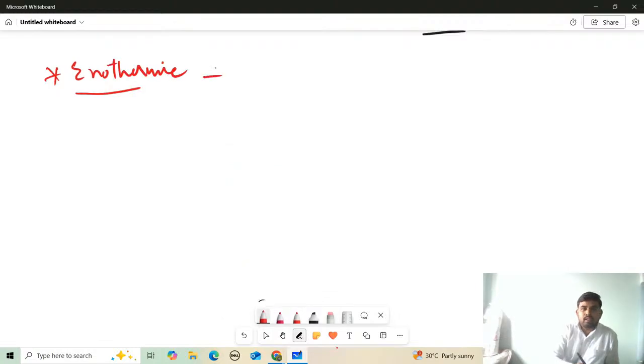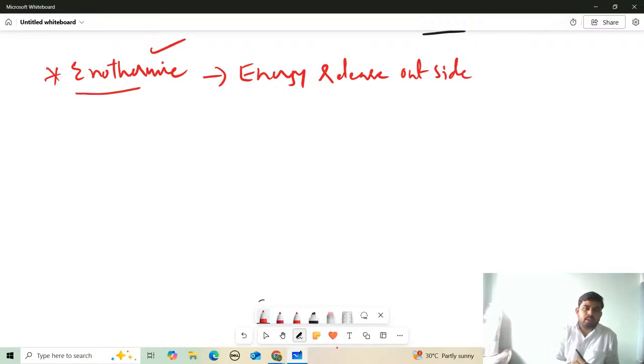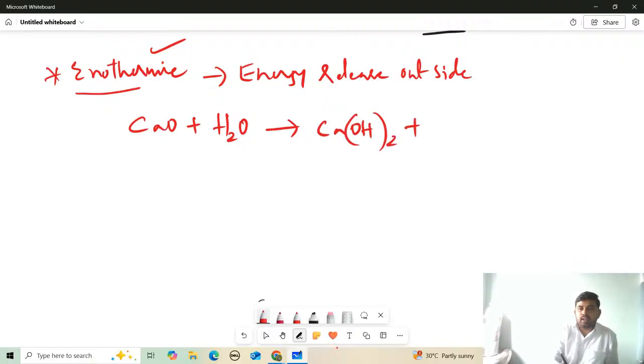Exothermic means energy will be released outside. This kind of reaction is called exothermic. Suppose we take the example of calcium oxide combined with H2O gives rise to calcium hydroxide. Along with that, a large amount of heat energy is produced.